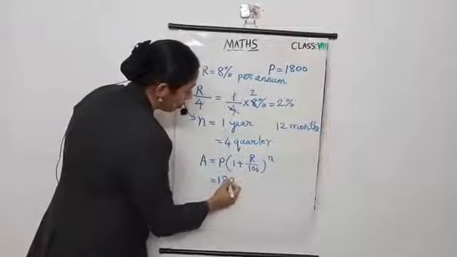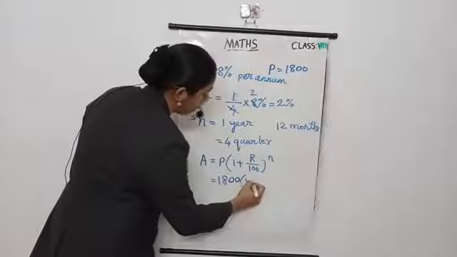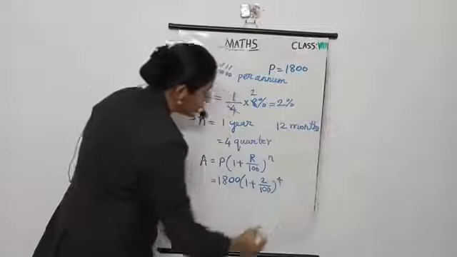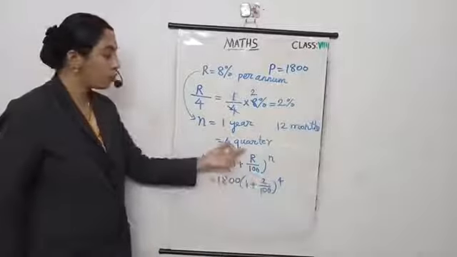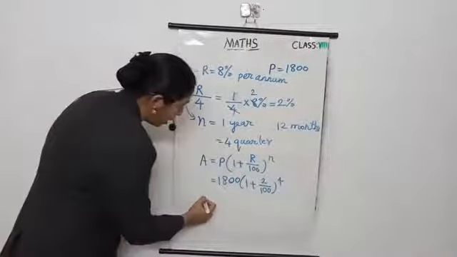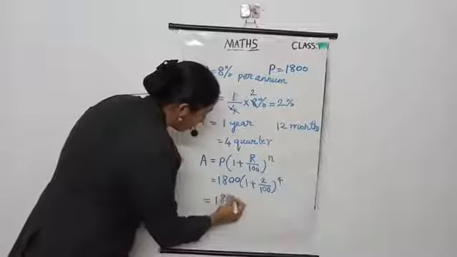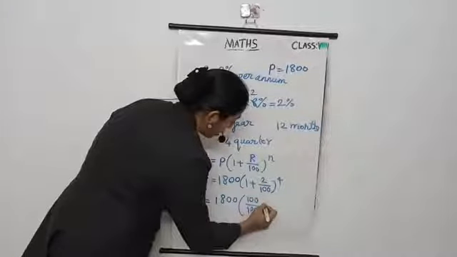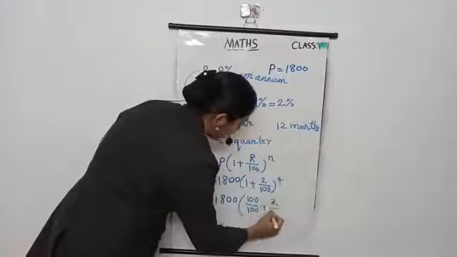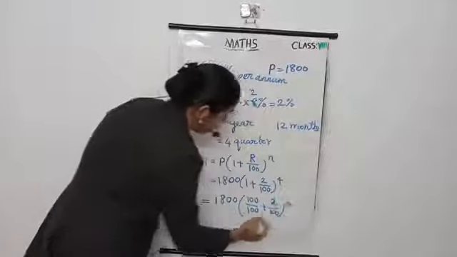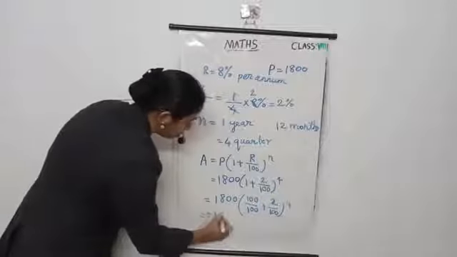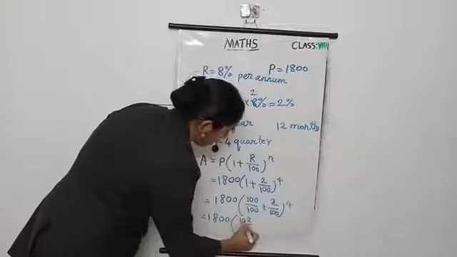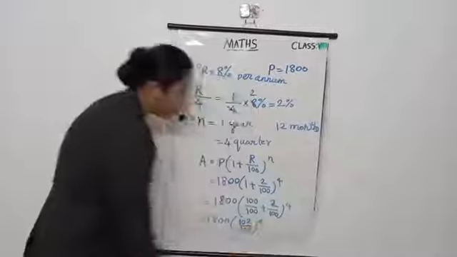Principal amount 1800 into (1 plus 2 by 100) all raised to 4. Why all raised to 4? Because of 4 quarters. Now this is equal to 1800 into (100 by 100 plus 2 by 100) all raised to 4, and this is equal to 1800 into (102 by 100) all raised to 4.